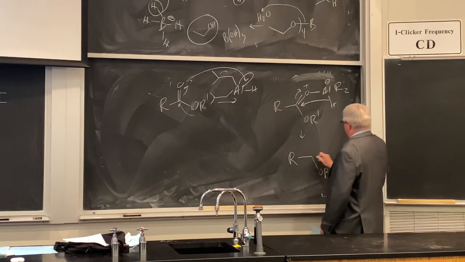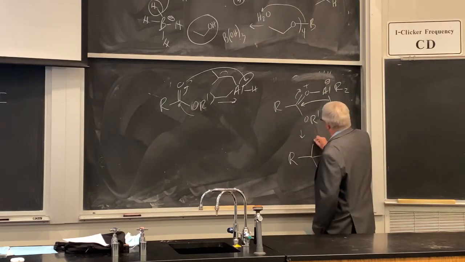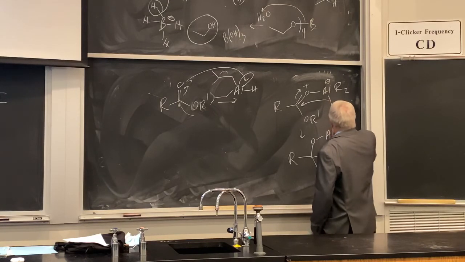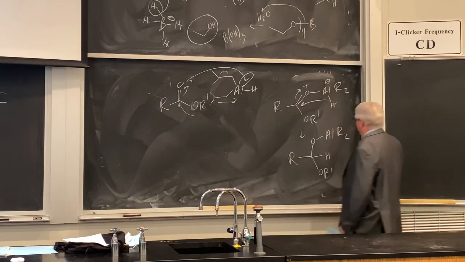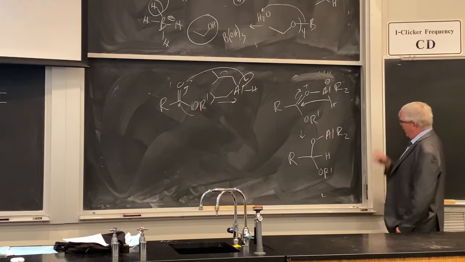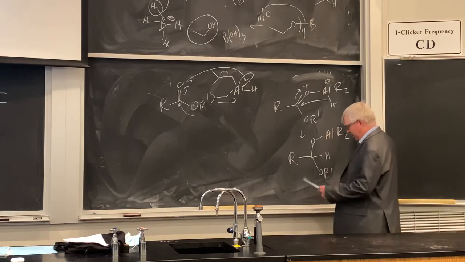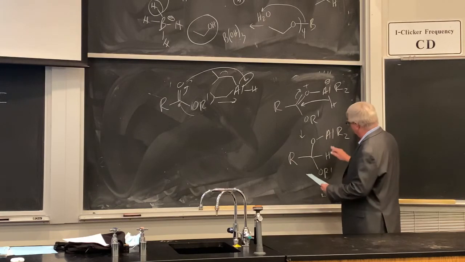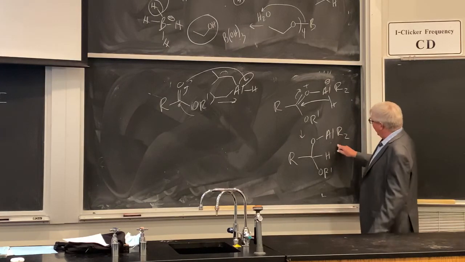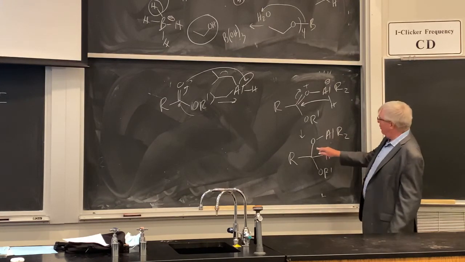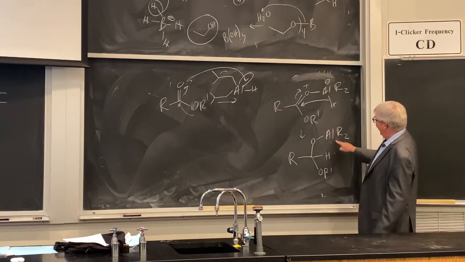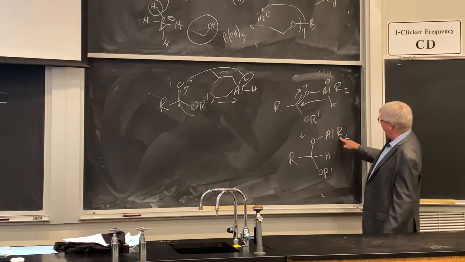OR, H, there's our O, R2. And notice here, at this point, we can lose the aluminum off there, but actually this will sit like this until we quench with water. We don't have any more hydrides on aluminum at that point.